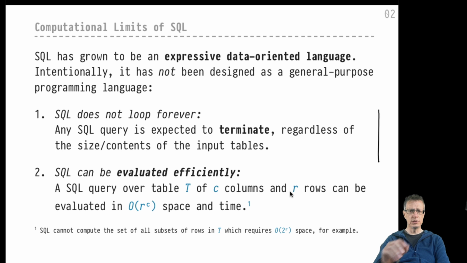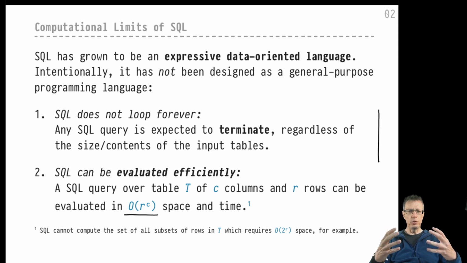That would be C times R cells in table T. The worst thing that can happen to us is that a SQL query over this particular table will take R to the power of C space and time. So the worst thing that we could do in this SQL query is to look at all the columns and form the Cartesian product of all the values in one particular column with all the values in all the other columns.